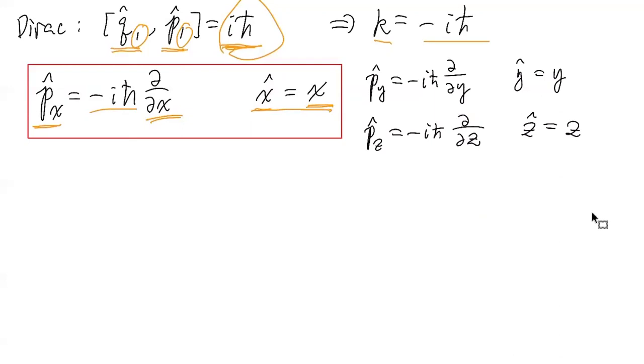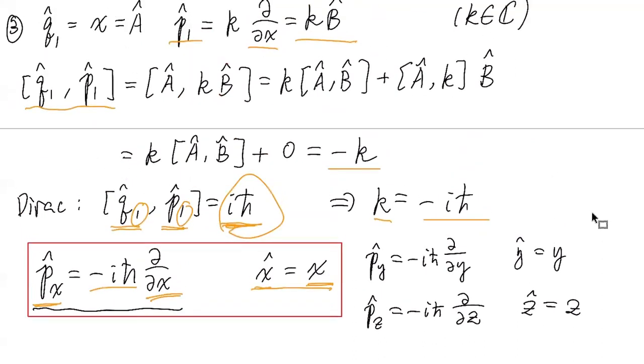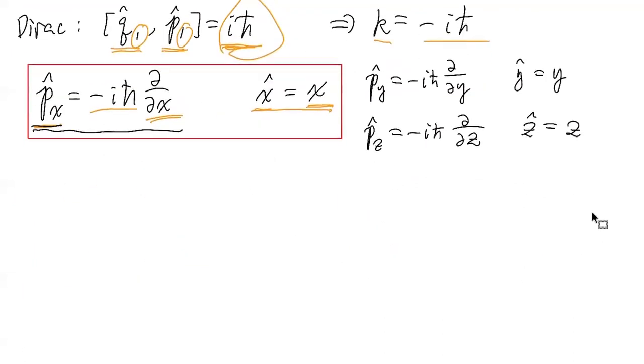But let's see how did we get Px equal to this. Based on the fact that we let x or Q1 be simply the function x, we can derive this expression for Px, right? So actually we let x simply be x, the operator of the position itself is simply the function itself.